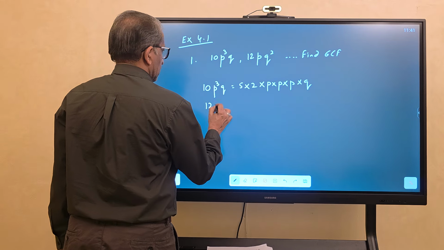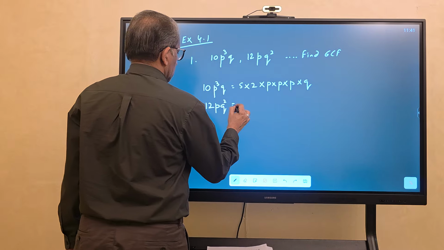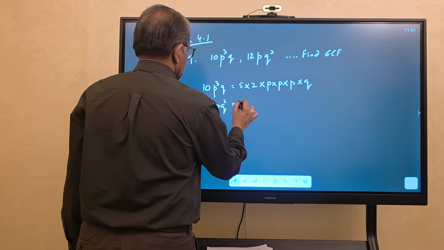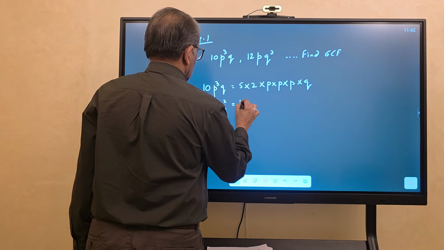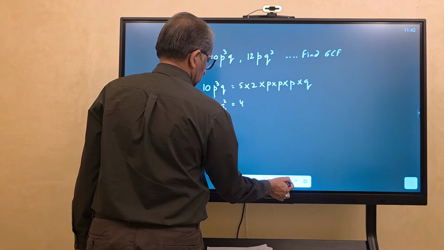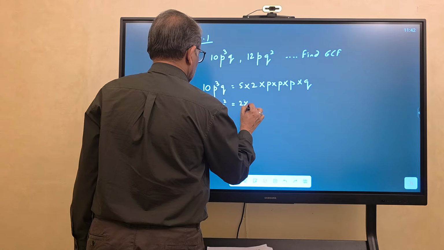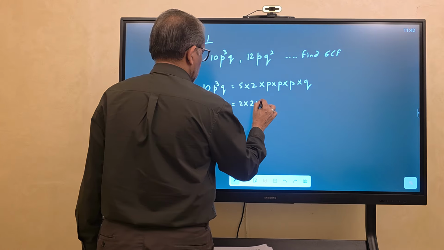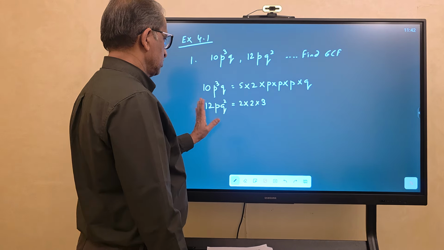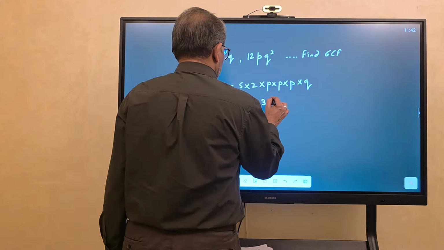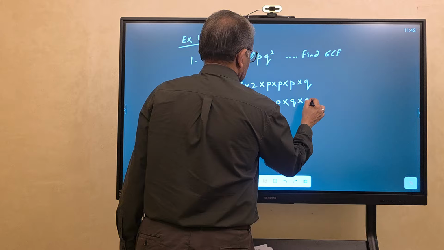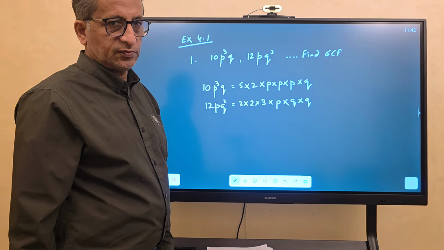Then I take the second one, 12PQ square. Let me find the factors of 12. That is 2 into 2, 4 into 3. That is 12. So I can find all the factors. Further, it cannot be factored. P once, Q power 2, that means it is multiplied 2 times.